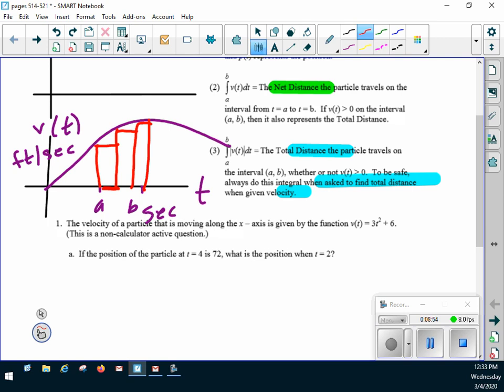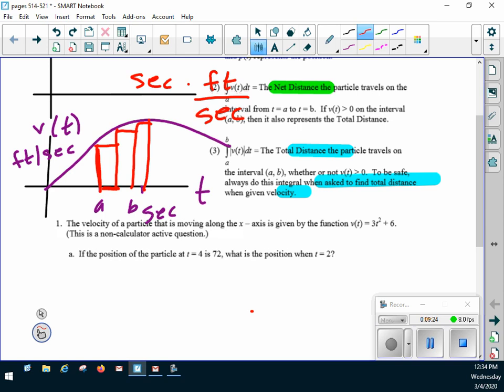Your height is your y value. So we are multiplying x times y, correct? The x value times the y value. Now, the x value is measured in seconds times the y value, which is being measured in feet per second. You multiply those, you get feet.